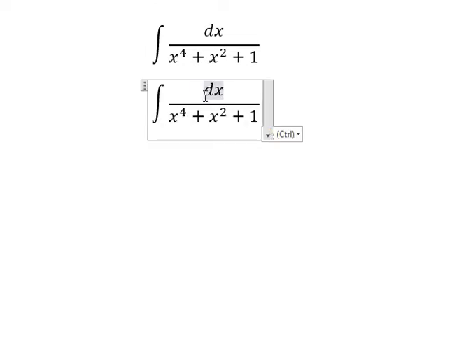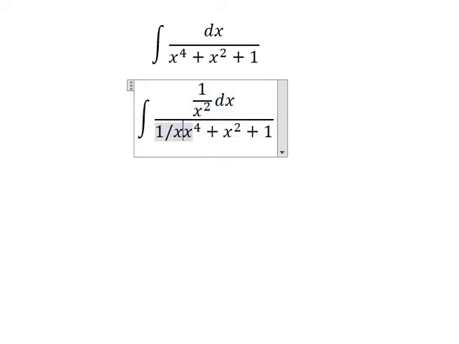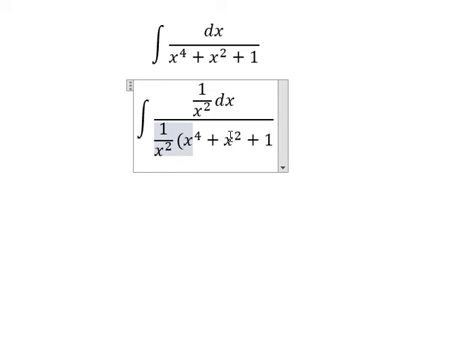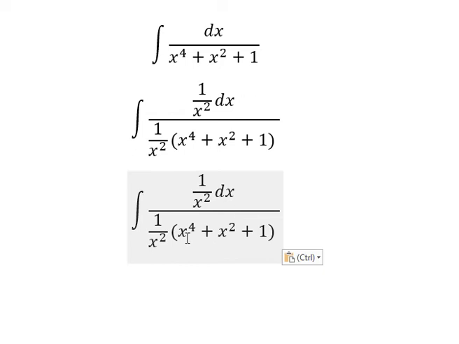We need to multiply by 1 over s squared on numerator and denominator. So s to the power of 4 divided by s squared, divided by s squared, 1 with 1 over s squared.